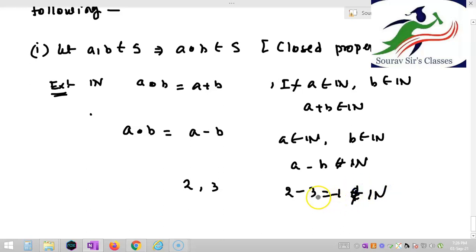Right? So we will say that natural numbers are not closed with respect to this binary operation, but natural numbers are closed with respect to the other binary operation. Okay. So for being a group, S needs to be closed with respect to the given binary operation.